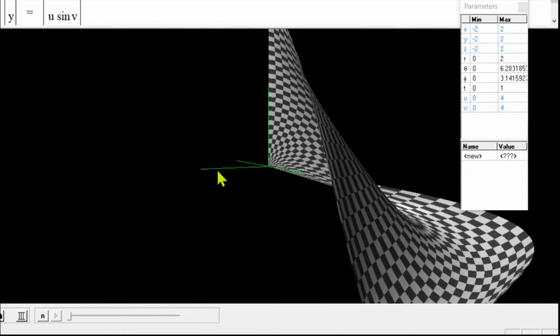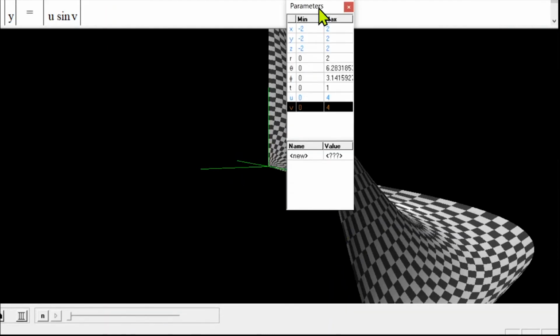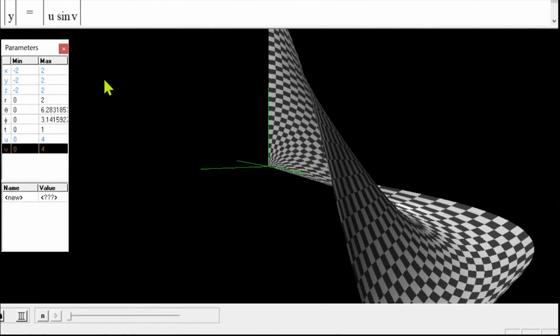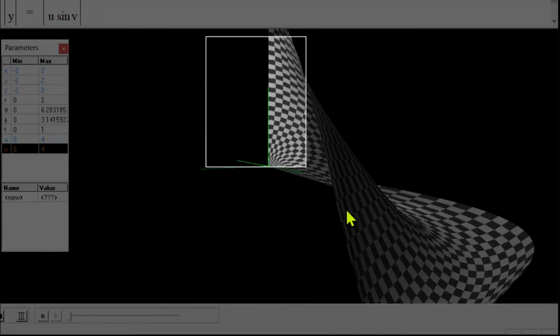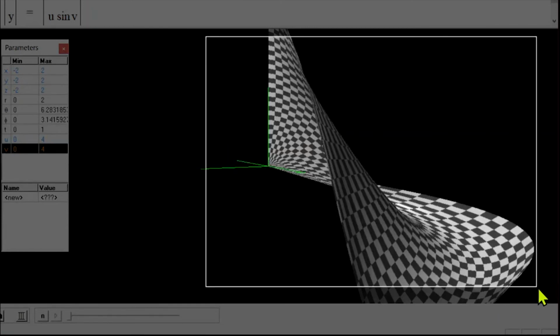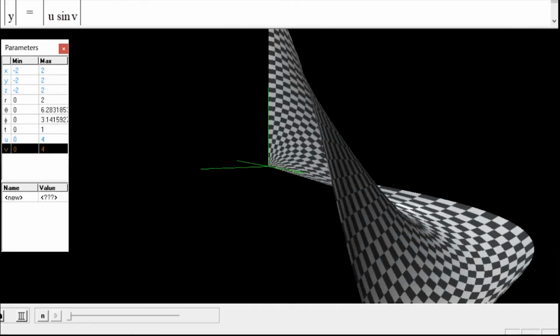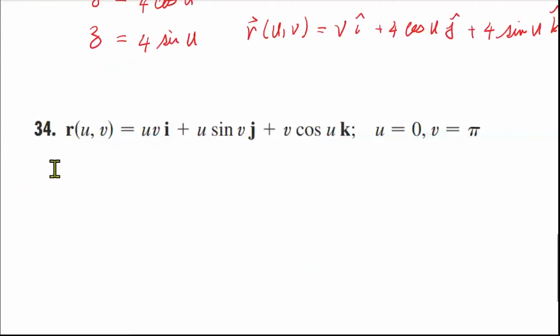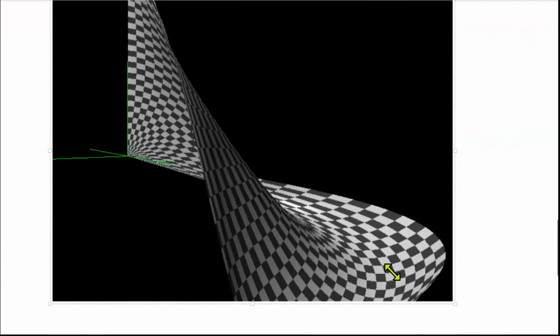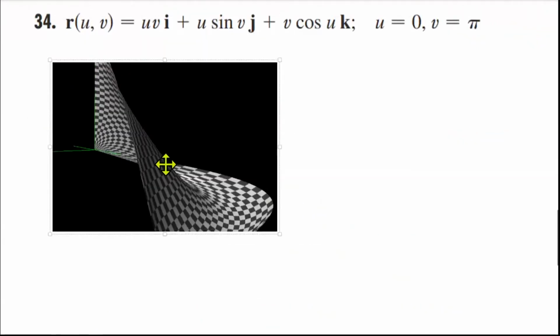Okay, I'm gonna make a copy of that. Move these parameters over here. You know, I'm totally trying to buy time, right?